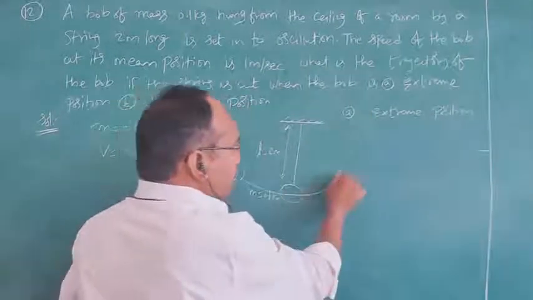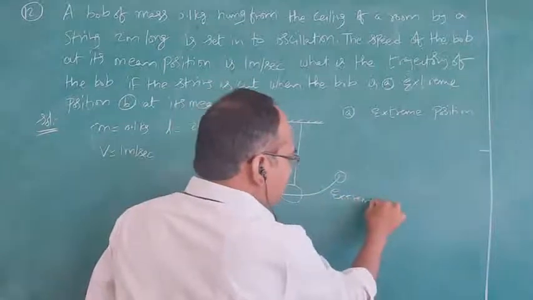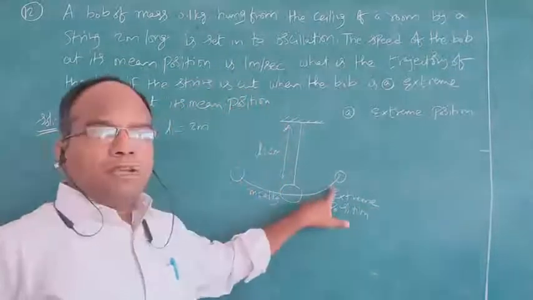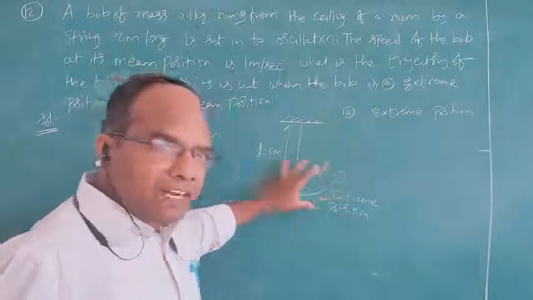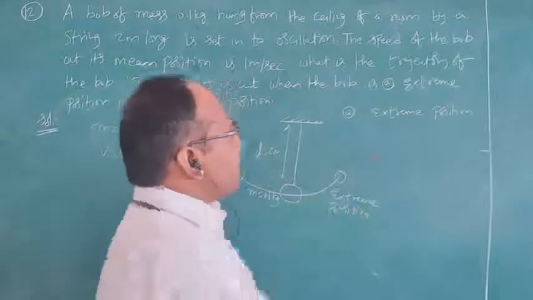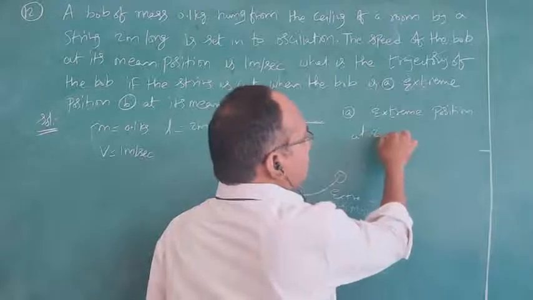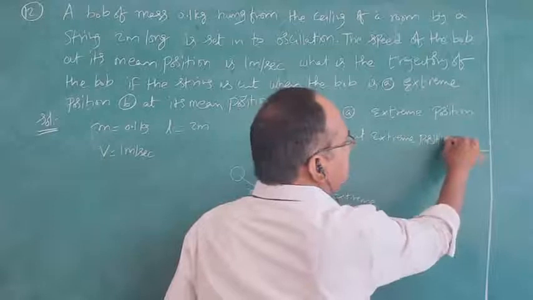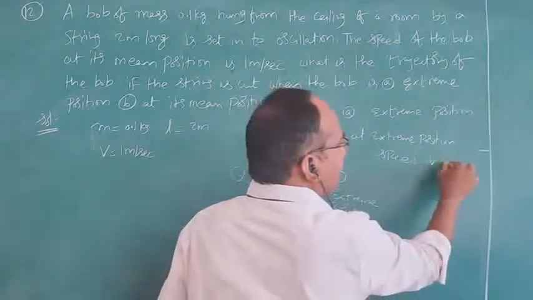So the bob is here, assume this is the extreme position. The body is at rest; when it comes here, its velocity is 0. When it is moving, it has speed, but at the extreme position its speed v is 0.